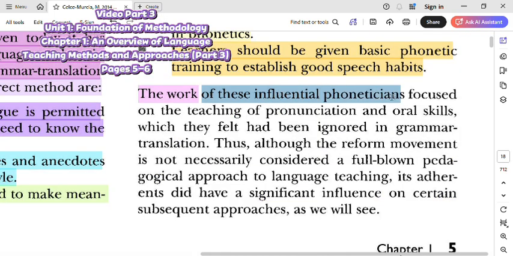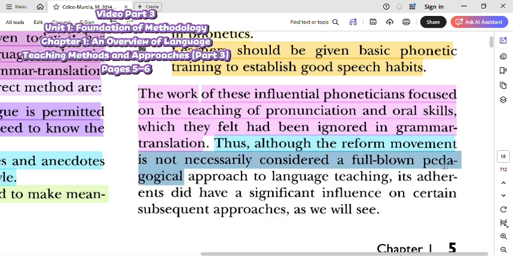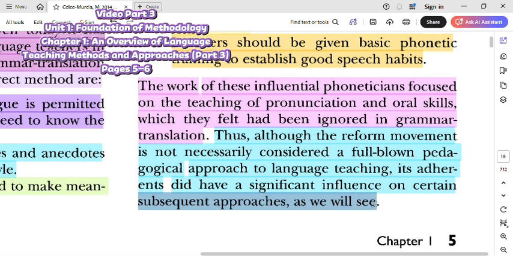The work of these influential phoneticians focused on the teaching of pronunciation and oral skills, which they felt had been ignored in grammar translation. Thus, although the reform movement is not necessarily considered a full-blown pedagogical approach to language teaching, its adherents did have a significant influence on certain subsequent approaches, as we will see.